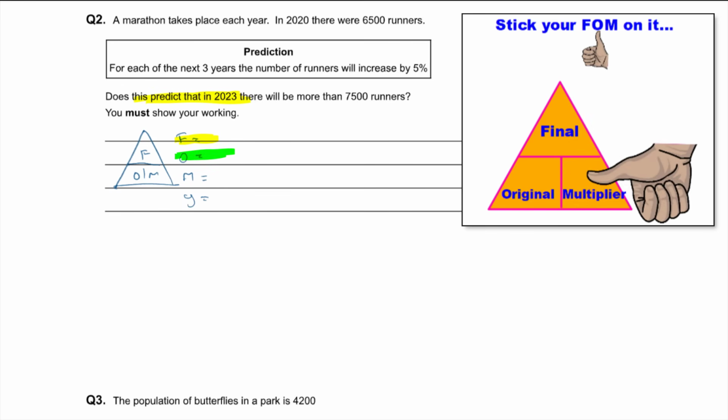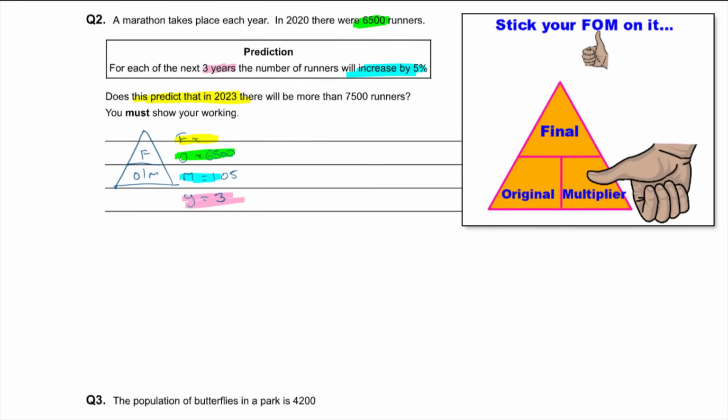The original is the 6,500 runners that we had to start with. The multiplier is going to be the 5% increase, which as a multiplier then, 100% plus 5% is 105%, and that as a multiplier is 1.05, and the number of years in this case is going to be 3.